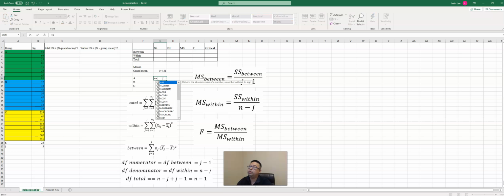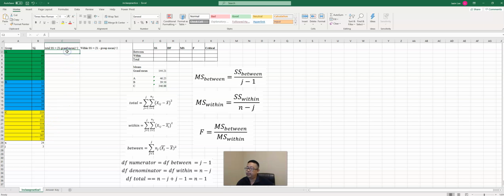Okay, so mean of the group A, so that is average of the first group here. And then average of the second group. Average of the third group is here. Alright, so we can calculate like that.